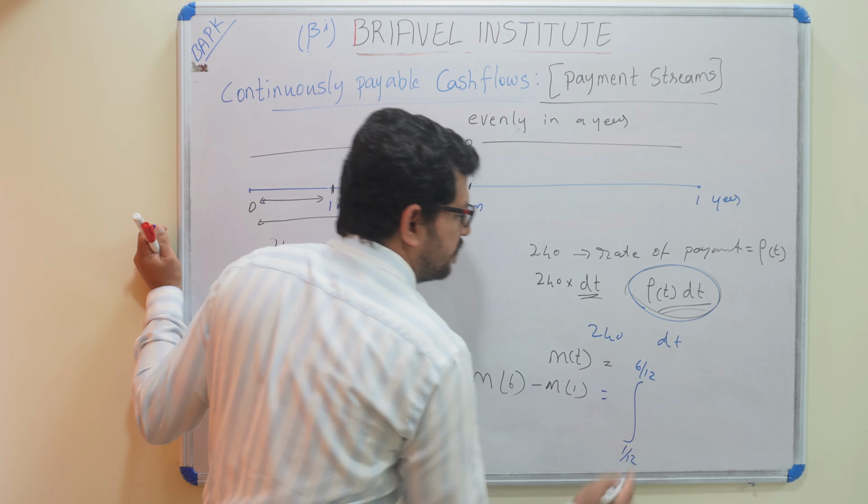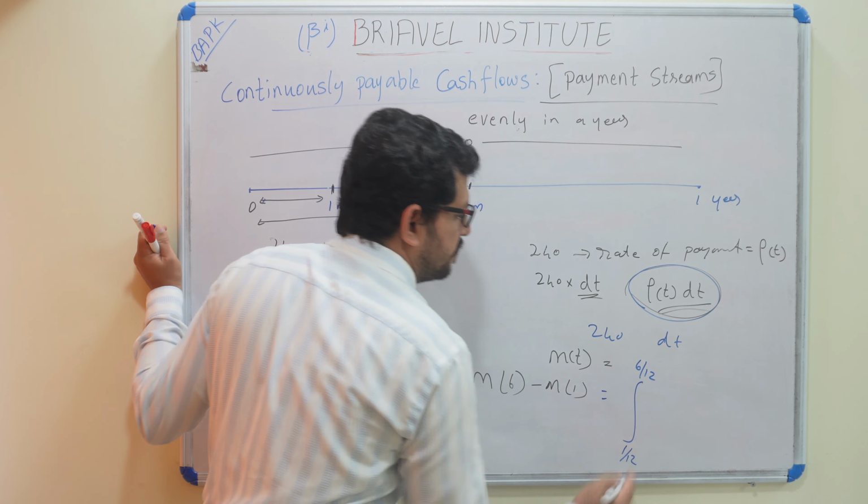We are integrating from here to here, over the time interval 1 month to 6 months, rho(t) dt. Here rho(t) is 240, so the integral of 240 dt is 240 t, evaluated from 1 by 12 to 6 by 12.